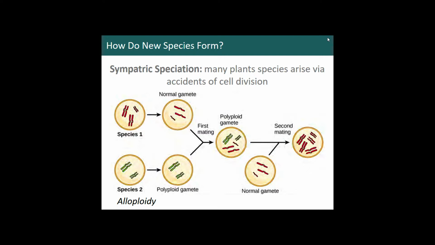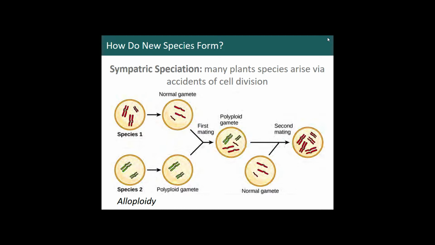The polyploid has just arisen by an accident of cell division, and it fuses with a normal gamete. And in the first generation, things don't work out very well. But if it's able to mate again with a normal gamete that pairs up with these chromosomes, then all of a sudden, on the second mating, we've created a whole other species that has even more chromosomes than the first case.